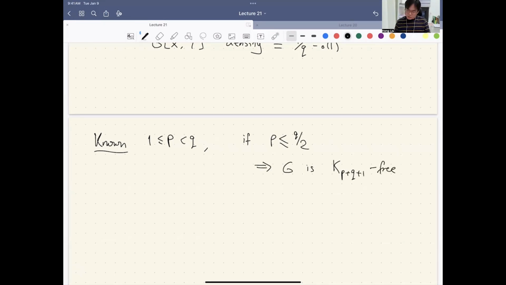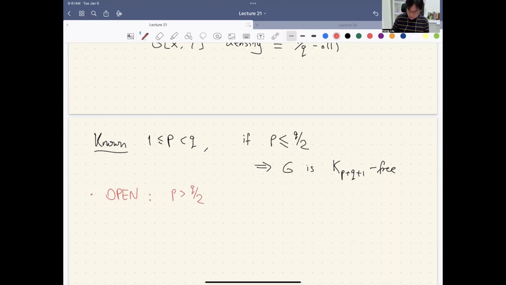But we cannot go beyond this. So it's still open when P is strictly bigger than Q over 2.